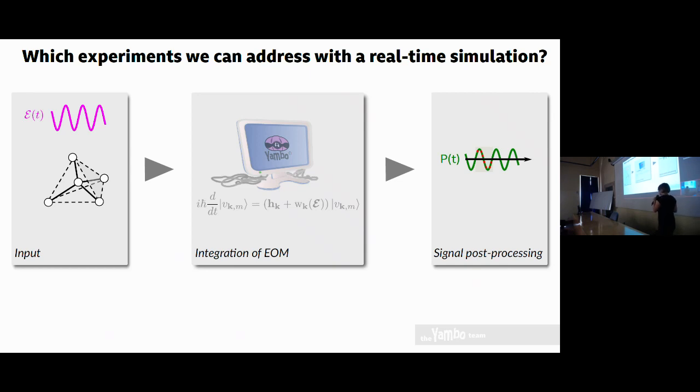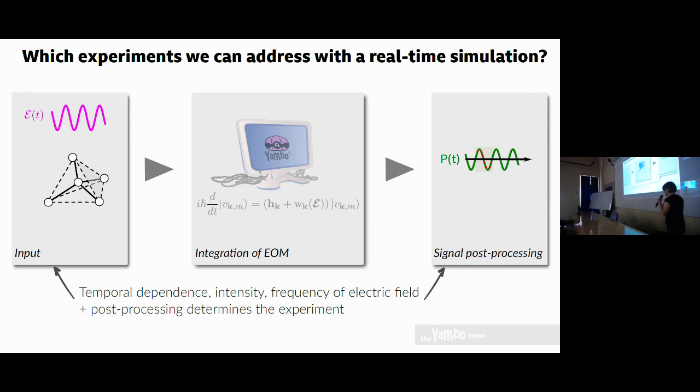To get the susceptibilities from there, we need to post-process the signal. We have seen that with the effective Hamiltonian we can determine the level of theory, while we determine which experiment we want to address by changing the temporal dependence, the intensity, and the frequency of the electric field, and the way we post-process the output polarization.